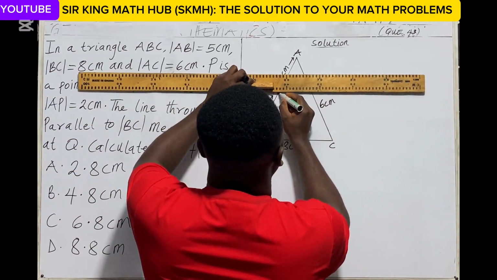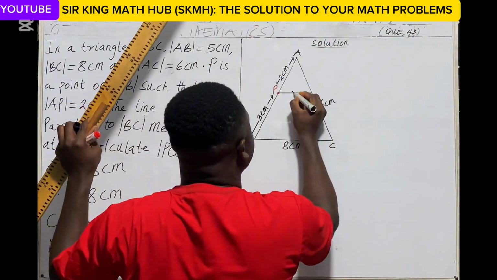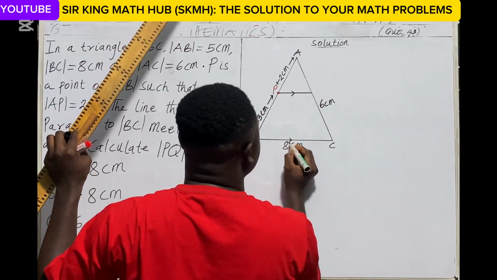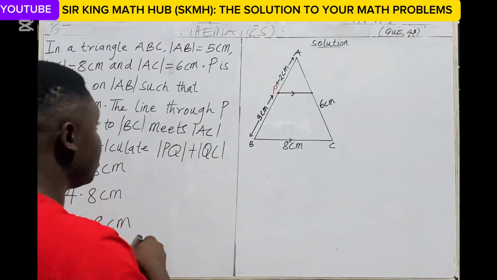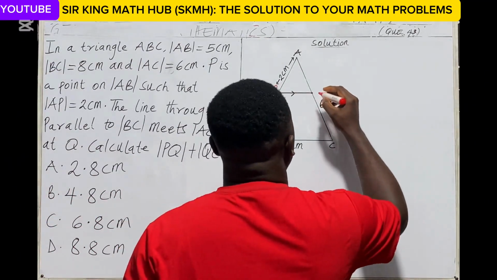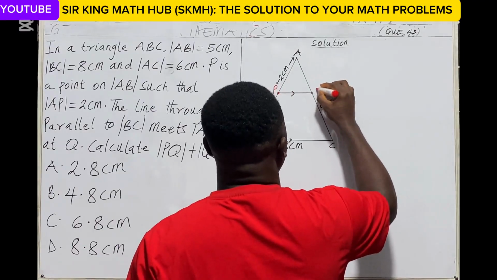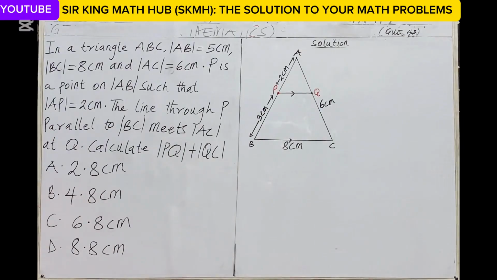There is a line that passes through point P, and this line is parallel to line BC. Again, this particular line also meets line AC at point Q.